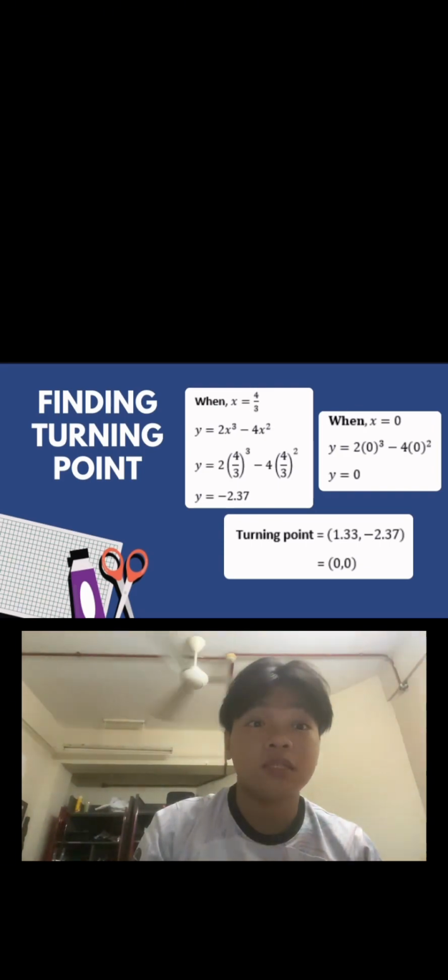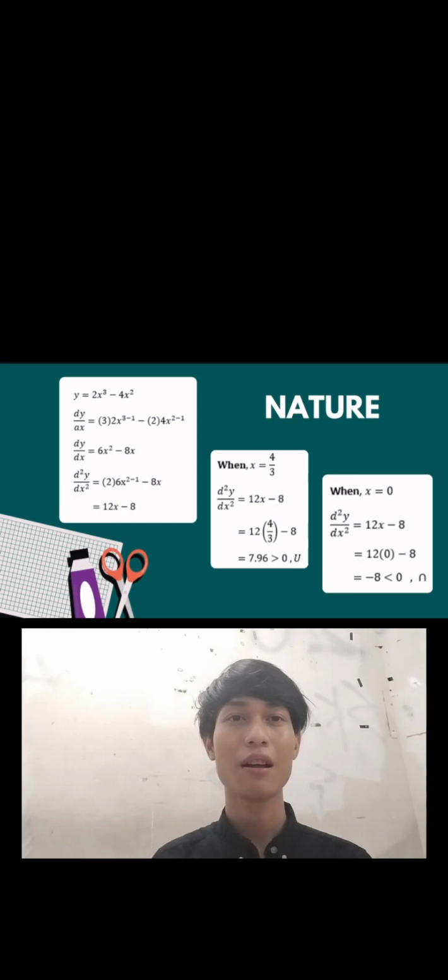Now moving on to the next step. We have 6x^2 - 8x, and we're going to do the second order.